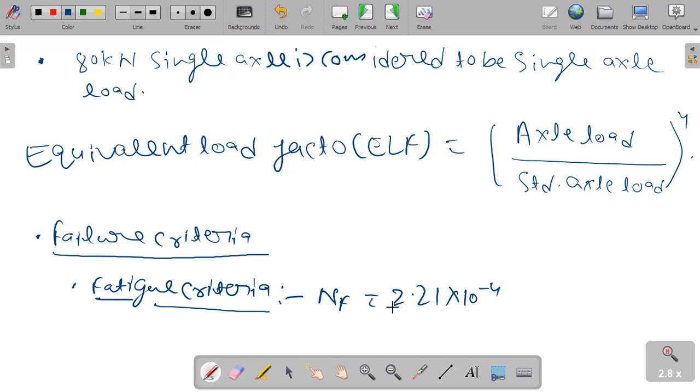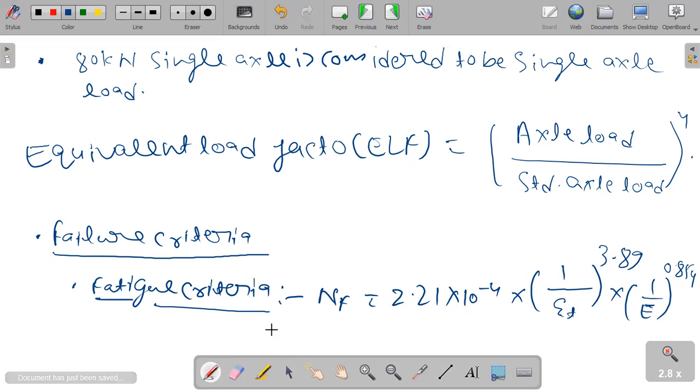For fatigue criteria we have the formula: NF is equal to 2.21 into 10 to the power minus 4, into 1 over epsilon t to the power 3.89, into 1 over E to the power 0.854.